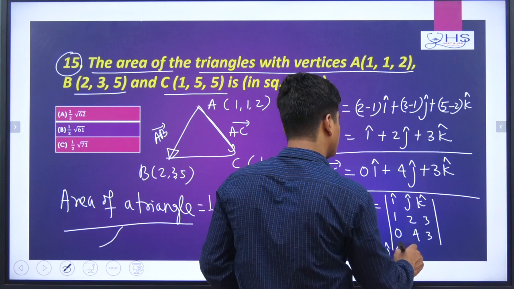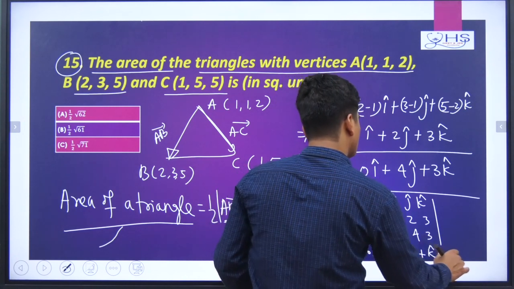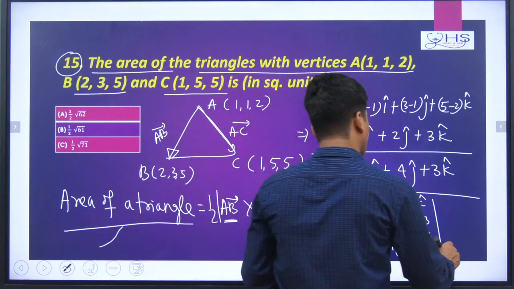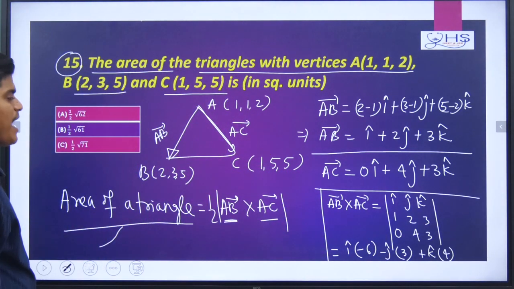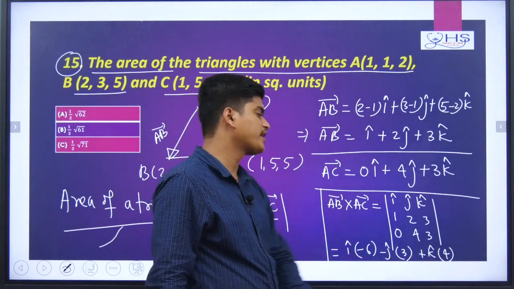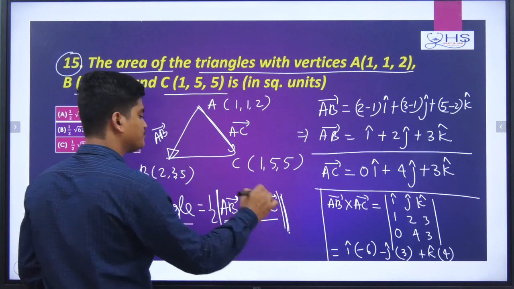So I can write only 3 j cap. Then plus k into 1 into 4, that is 4 k cap. So my AB cross AC is coming minus 6 i cap minus 3 j cap plus 4 k cap, and that magnitude I will take, because this tells basically about magnitude.